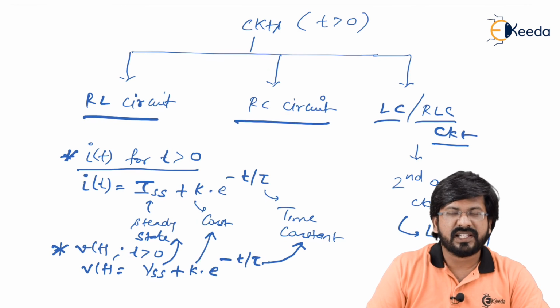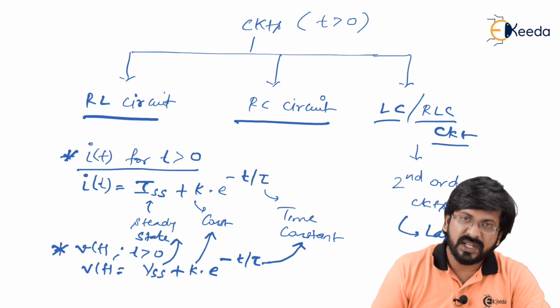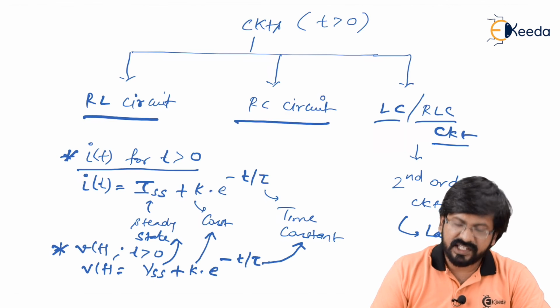So whether it is RL circuit or RC circuit, when you have to deal with the t greater than 0 interval, I of t and V of t have the same form of equations. I of t is equal to ISS plus k into e to the power minus t by tau, whereas V of t is equal to VSS plus k into e to the power minus t by tau. What exactly is meant by tau?